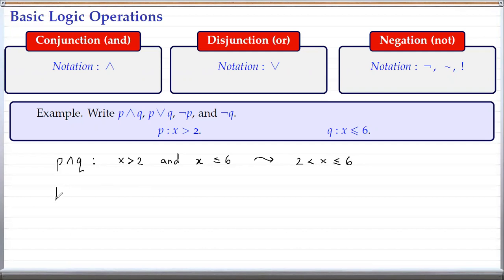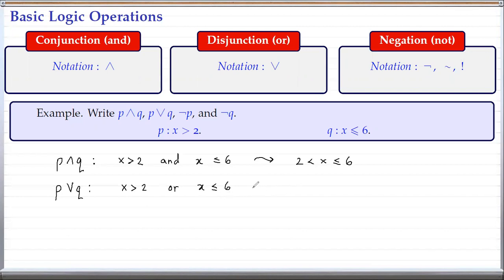The next one, P or Q, we have X greater than 2 or X less than or equal to 6. So X can be any number that is greater than 2 or any number that is less than or equal to 6.